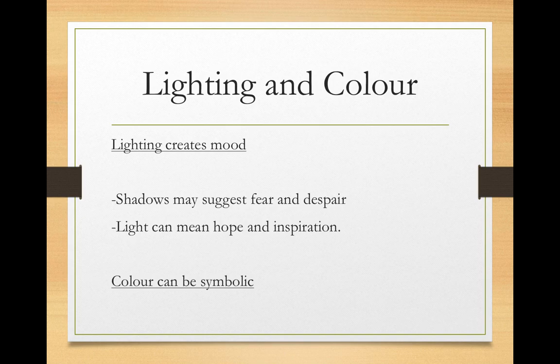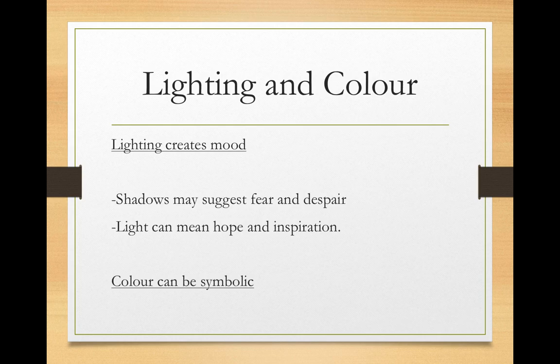The next techniques are lighting and colour. Lighting creates mood in images. So if an image is really bright and you can see everything, it's generally a hopeful image, an inspirational image, or a happy image. Whereas if an image is created with lots of shadows, it can suggest fear or despair and sadness.